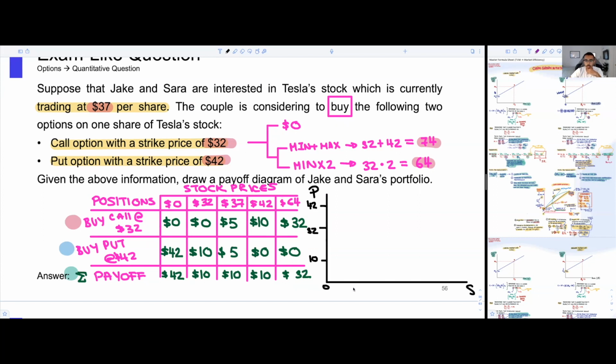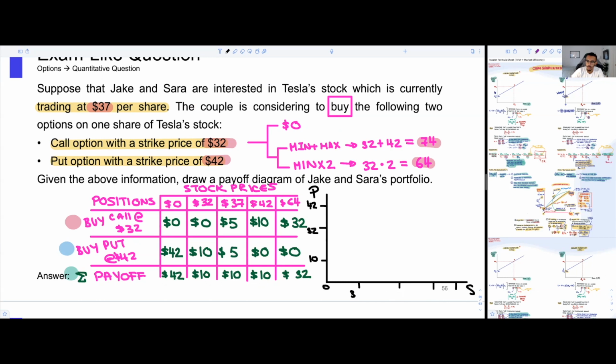Okay. And we have a few positions. We have 1, 2, 3, 4. So we're going to have 32 bucks here, 37 bucks here, 42 bucks here, 64 bucks here. Now, obviously, the scaling is absolute trash, but this is only made to give you some perspective really quickly. Like, I could make it closer. I guess I will, why not?